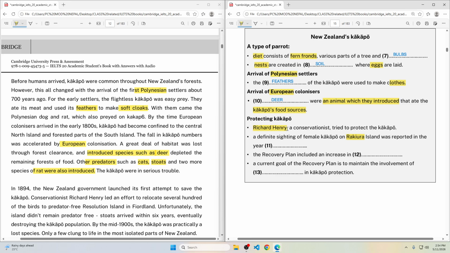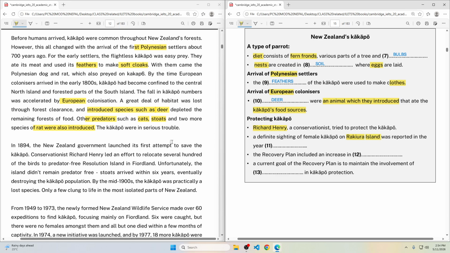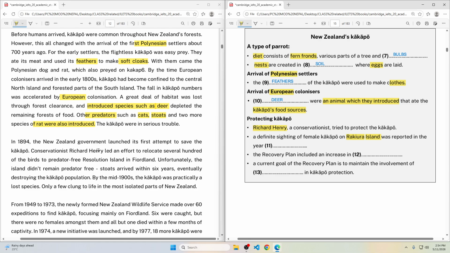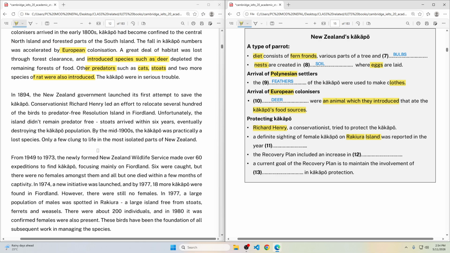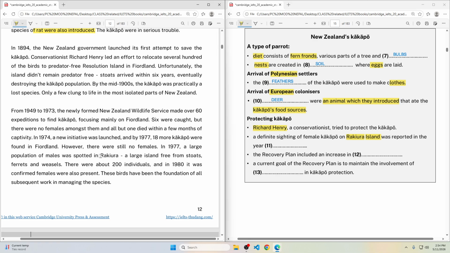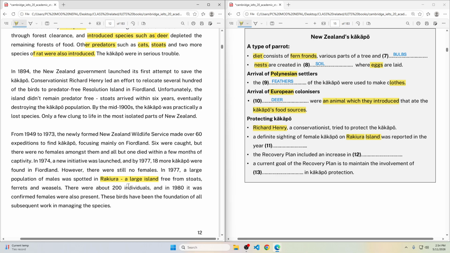Okay, we don't need to find Richard Henry because we have Rakiura Island. After that, Richard Henry is here, and Rakiura Island. I was not reading the passage, by the way.